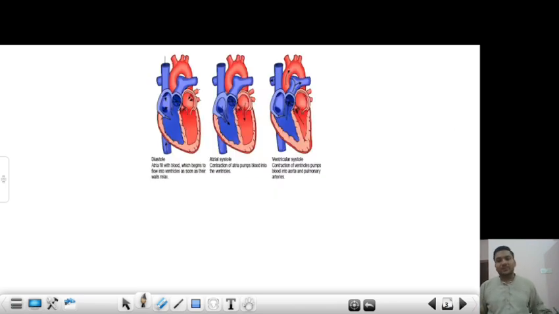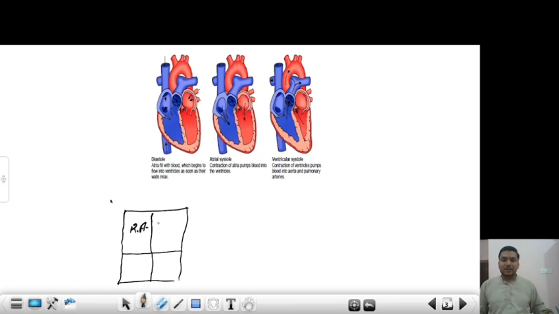Moving forward, now we will discuss the working of the heart, as we can understand with the help of a box. These are the four chambers of the heart: this is right auricle, this is left auricle, this is right ventricle, and this is left ventricle. Deoxygenated blood from all the body parts is coming through the vena cava into the right auricle.